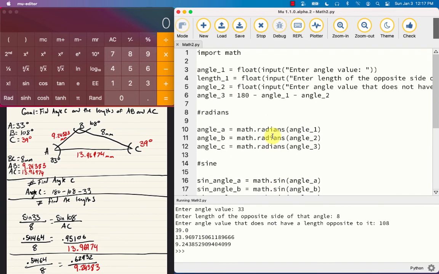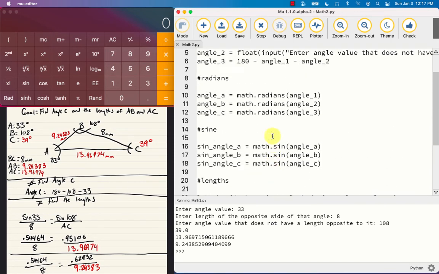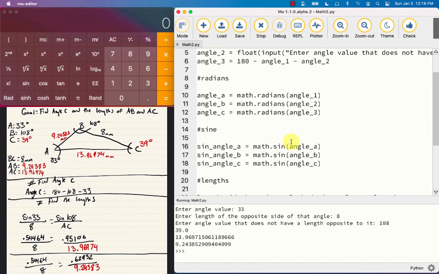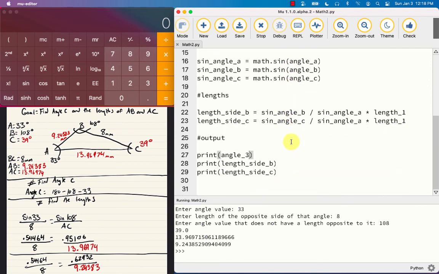And I encourage you to take whatever math you know and see if you can create a program for it. Now, to clean this up a little bit, and this is something that you guys know how to do already, we can use some concatenation.